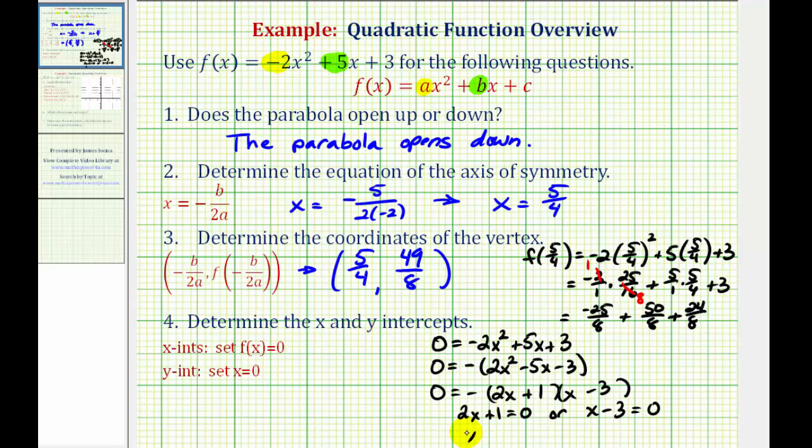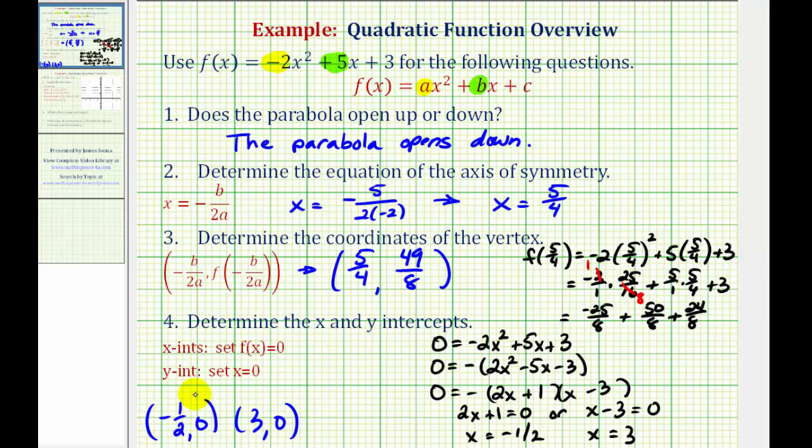So here we'd have x equals negative 1/2, and here we'd have x equals 3. These are the x-intercepts, but we do want to express these as ordered pairs. So there are two x-intercepts. One of them is negative 1/2 comma 0, and the other one is 3 comma 0.